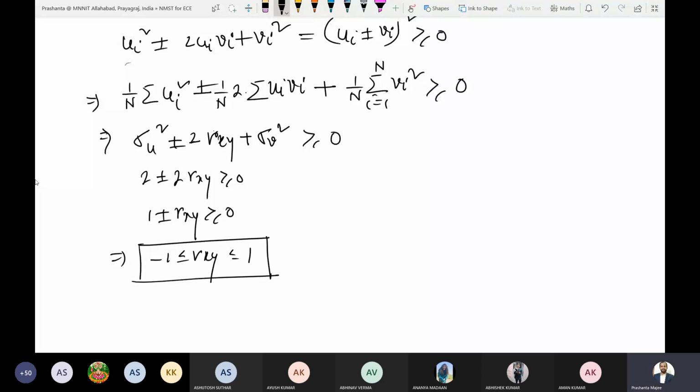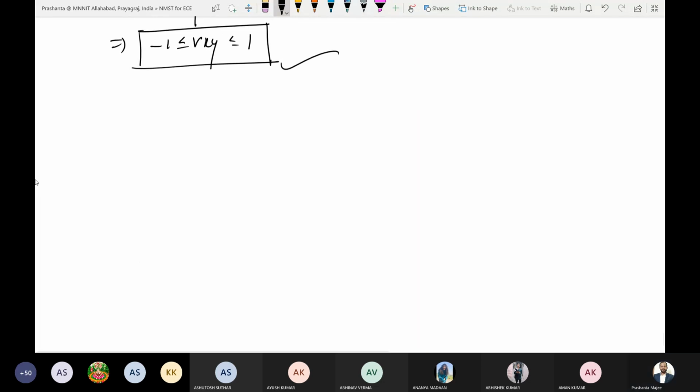Okay. Next is how to find out the linear regression of x on y and y on x. As I have told you, if these are the set of data points, then depending on your choice of how you are measuring the total error, you will get two lines of regression.